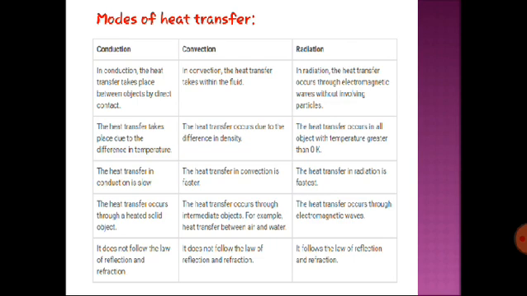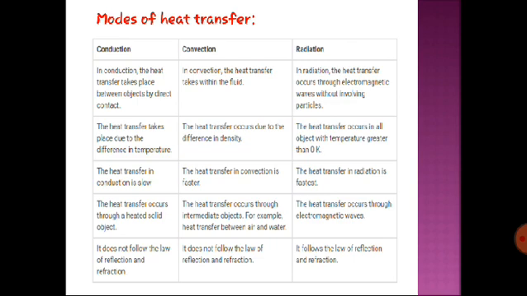Let's see the differences between the three of them. The heat transfer takes place due to a difference in temperature. Obviously, if the temperature changes, only then will heat be created, and only then will it try to move from one place to another. So this is a very basic similarity between the three.